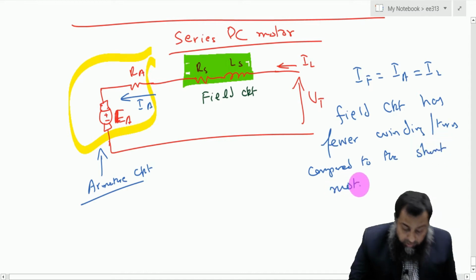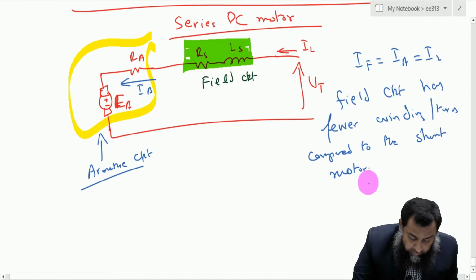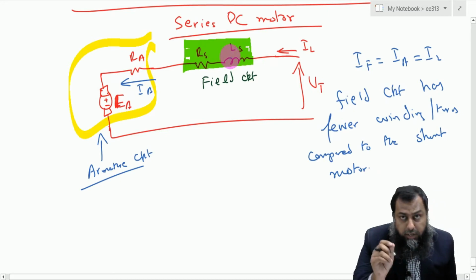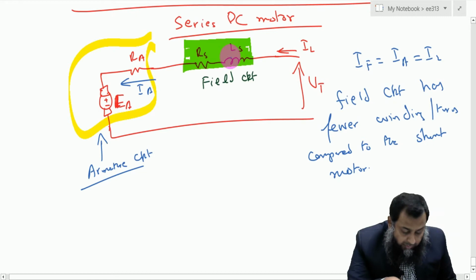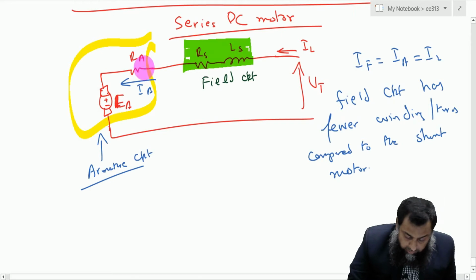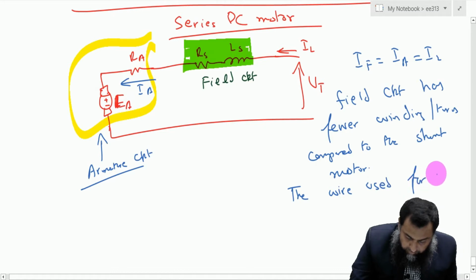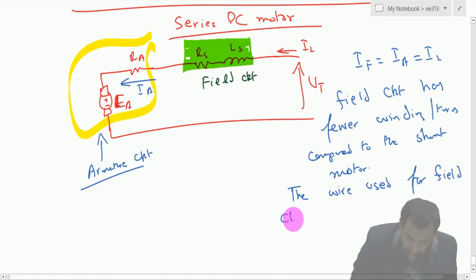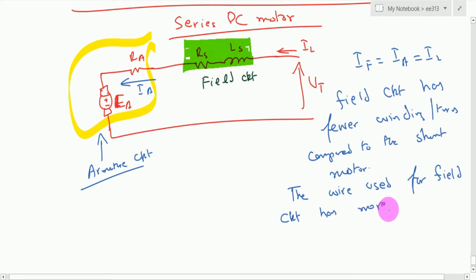The second thing is that because LS, the number of turns on the field circuit, has to carry the rated current IL, the wire used for the field circuit has a larger cross-sectional area compared to the shunt motor.